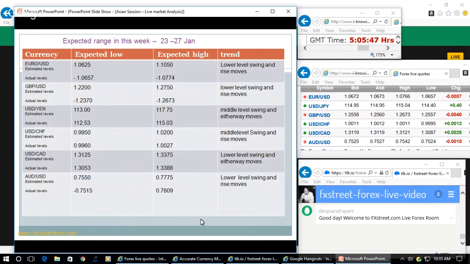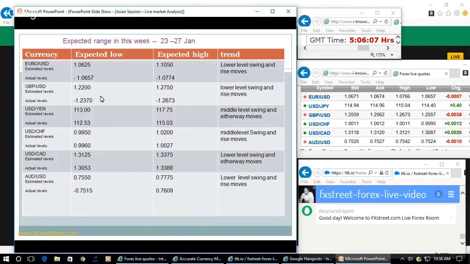Now with regard to the levels at which the currencies were expected to swing, the mathematically estimated low for Euro was 1.0625, but they came down to 1.0657, then gained initially, then dropped and started gaining levels now.